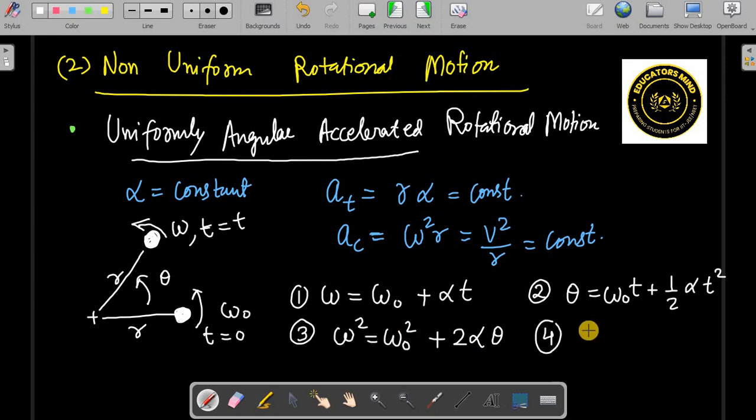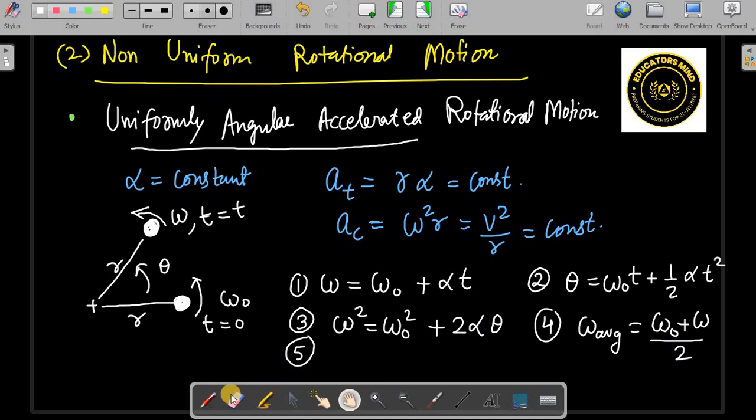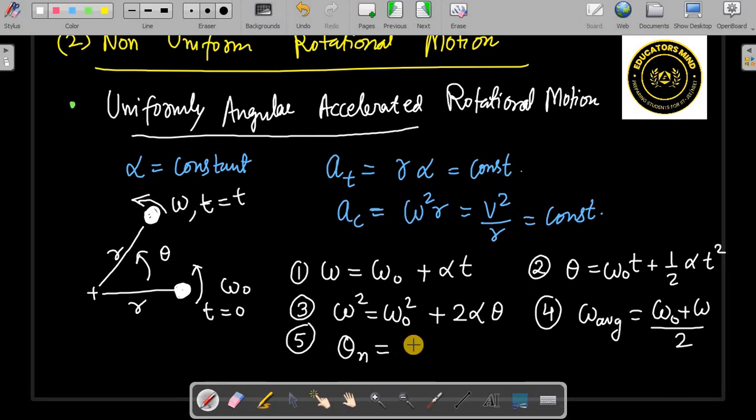Similarly, the average angular velocity is initial plus final by 2. And also the angular displacement in the nth second, theta n is equal to, just like u plus a by 2 into (2n minus 1), so u means omega naught, a means alpha, omega naught plus alpha by 2 into (2n minus 1). This is what it is.